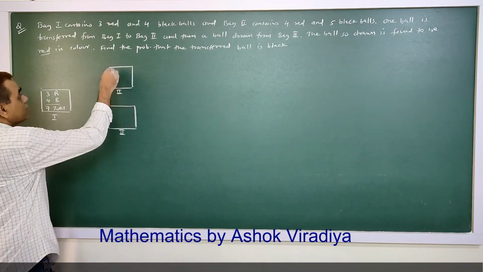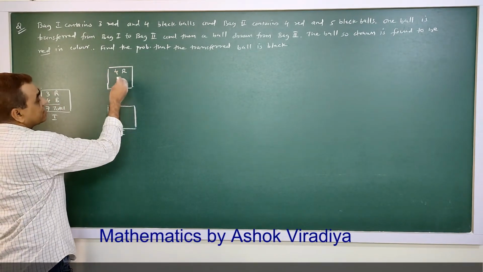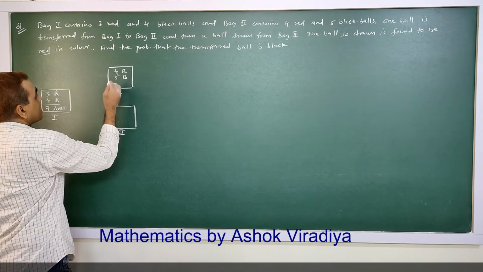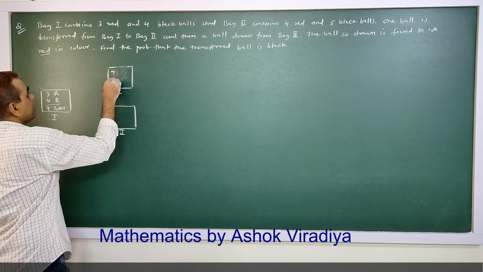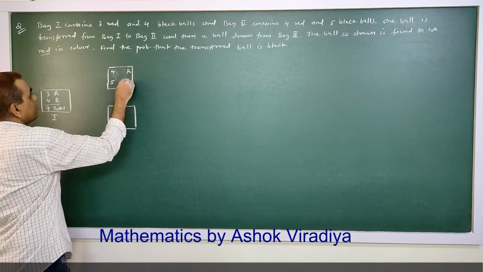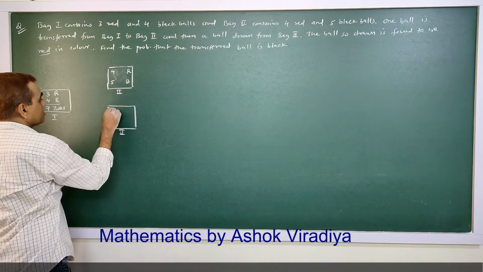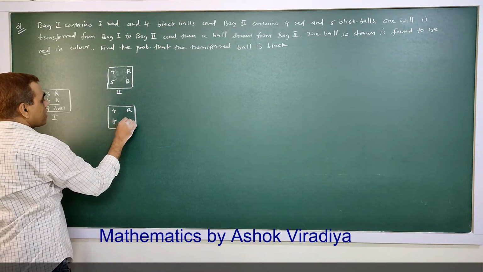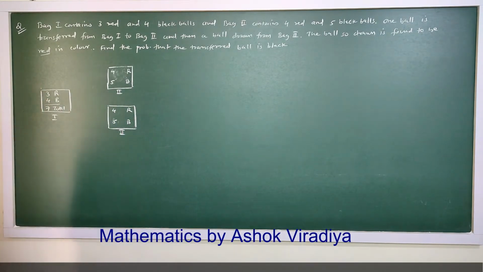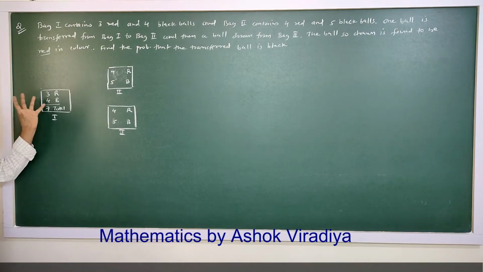Bag 2 contains 4 red and 5 black balls. Now the procedure is, a ball is drawn from bag 1.